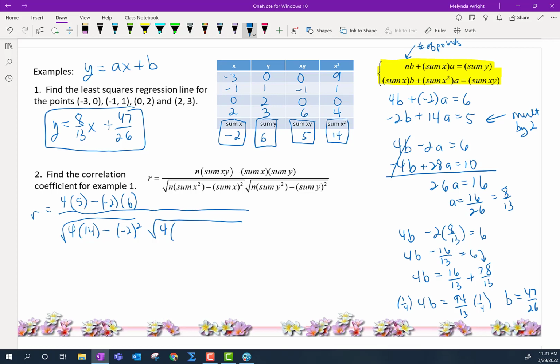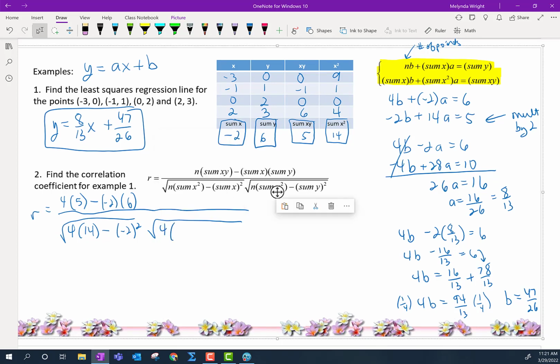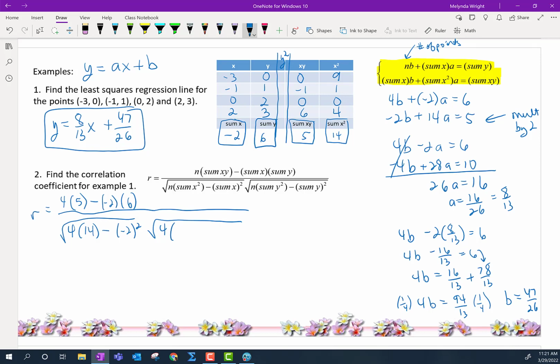Okay, why don't we create, just for finding the r, a little column right in the middle here. We'll call this one y squared, because they want us to actually add up the y squareds. Okay, well, we can do that. So 0 times 0 is 0, 1 times 1 is 1, 2 times 2 is 4, 3 times 3 is 9.